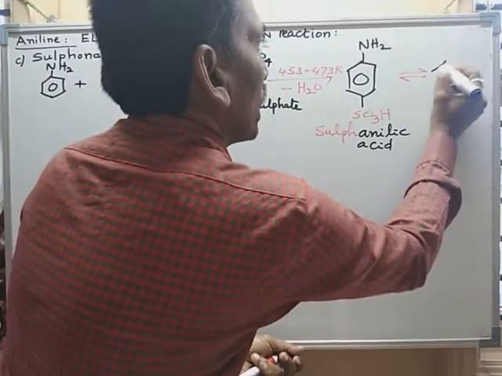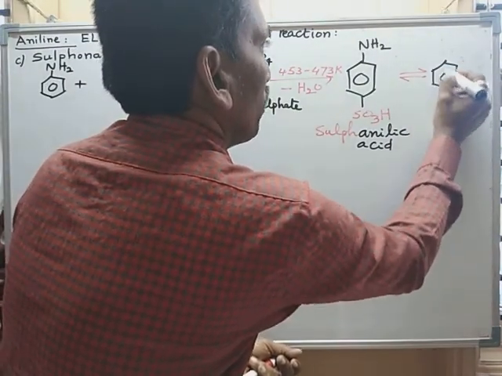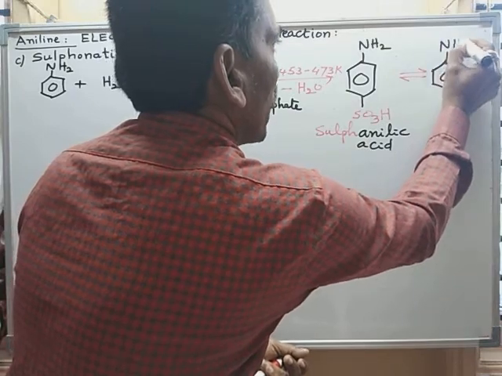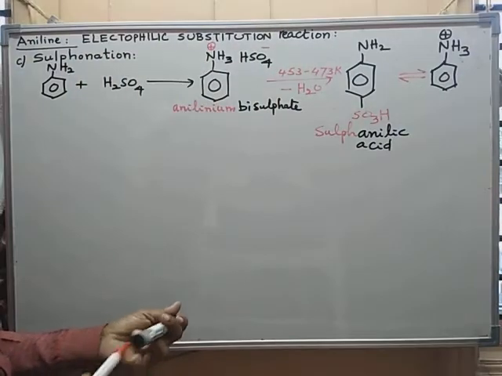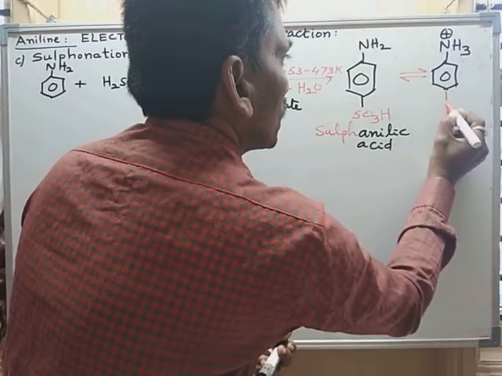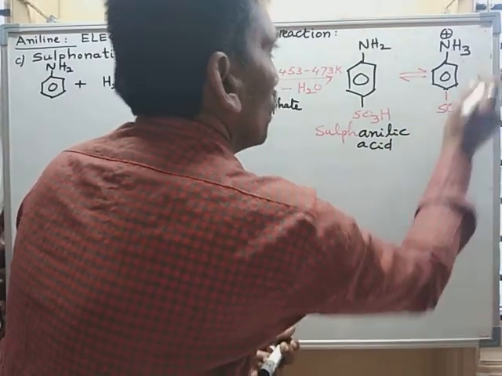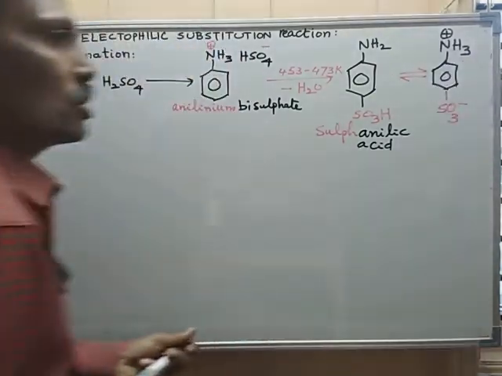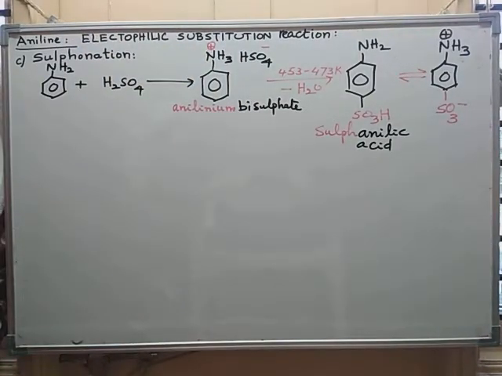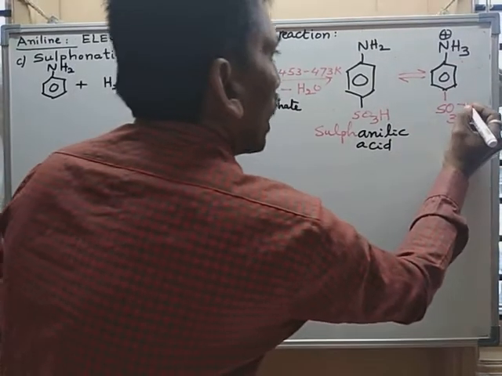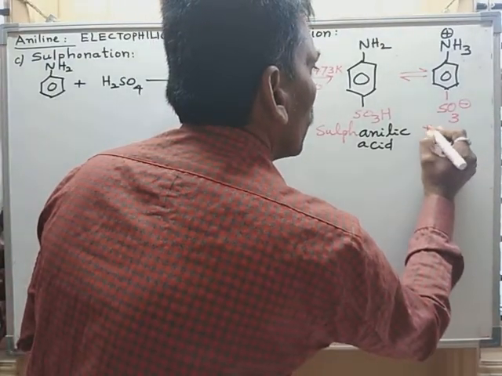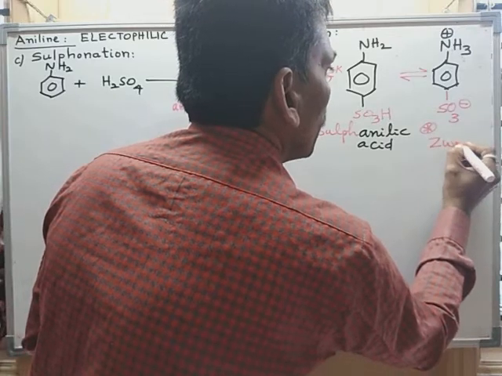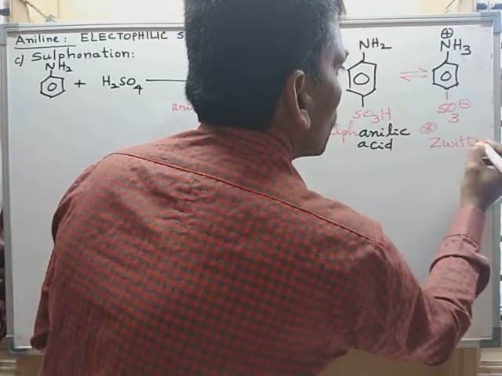Therefore, the resulting one is like this: NH2 becomes NH3 plus, and SO3H becomes SO3 minus. Within the species, two oppositely charged ends are present. This is known as a dipolar ion, also known as a Zwitter ion, which is a very important term in our preparation.